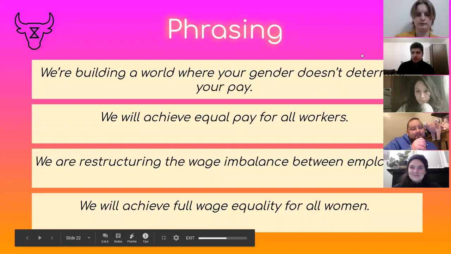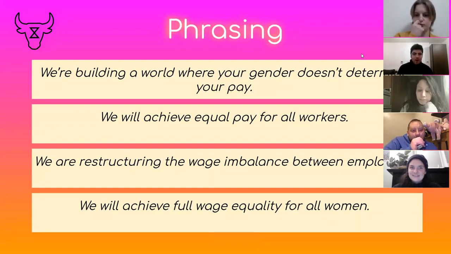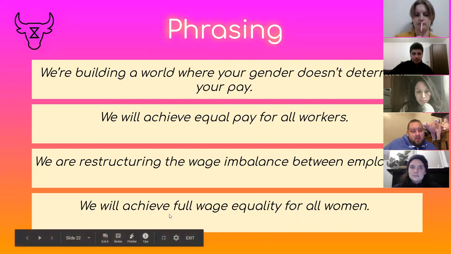Really great stuff, I love all of them. Let's go through each one. We're building a world where your gender doesn't determine your pay. We will achieve equal pay for all workers. We are restructuring the wage imbalance between employees, and we will achieve full wage equality for all women. Really good ones.